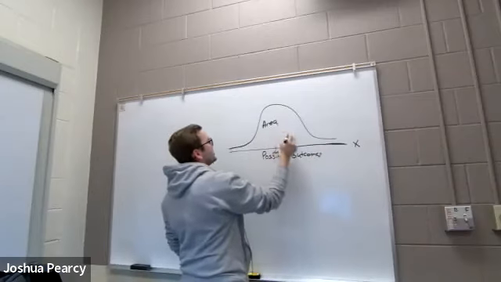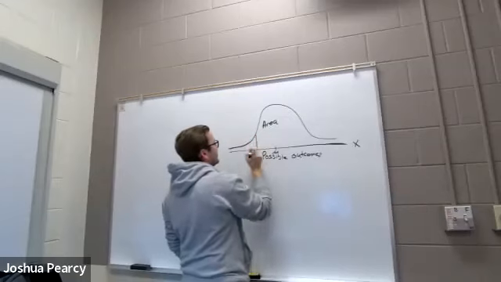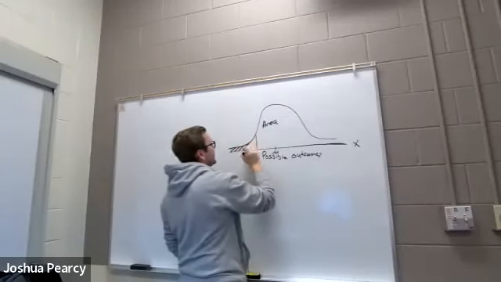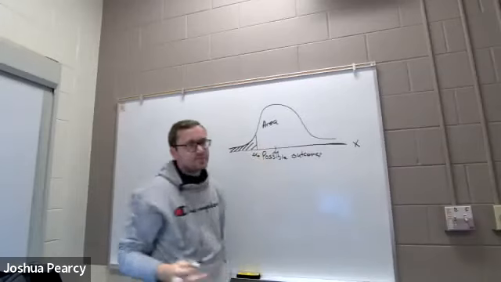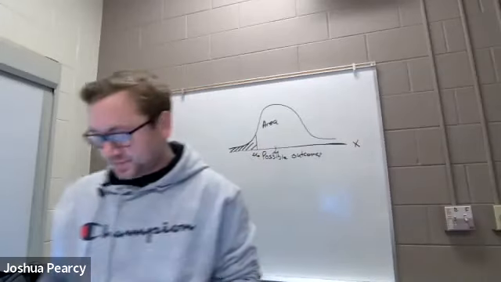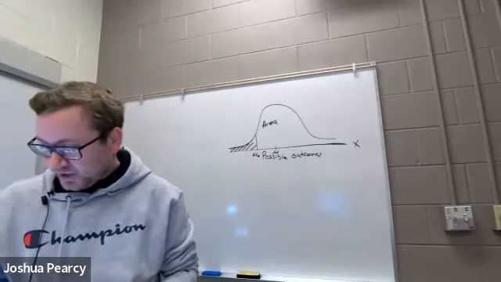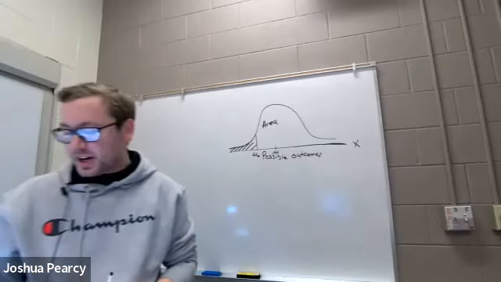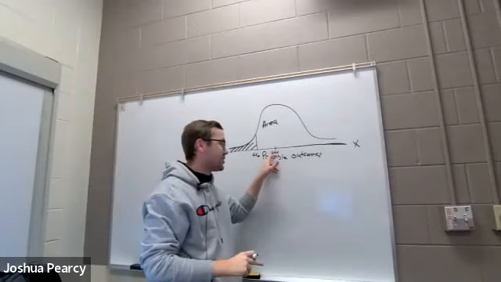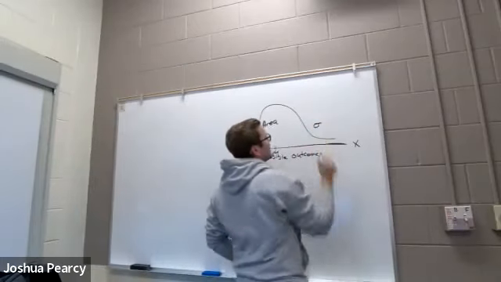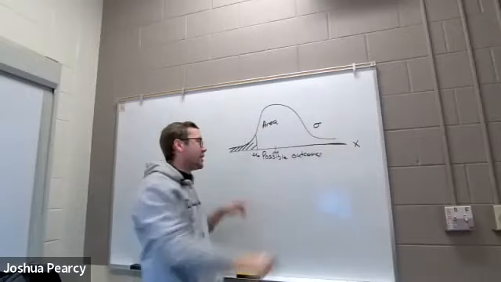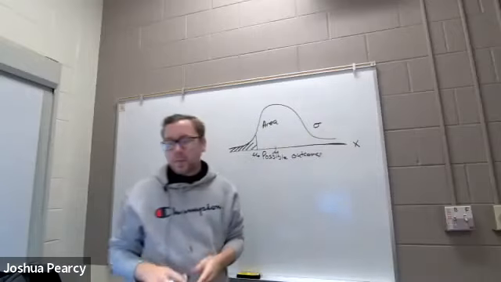And then we're going to be interested in the probability of getting something, say right here, as our sample mean. The shape of these curves will be defined by mu, where the center of it is, and sigma, the standard deviation. It'll tell us how spread out or how elongated the curve will be.